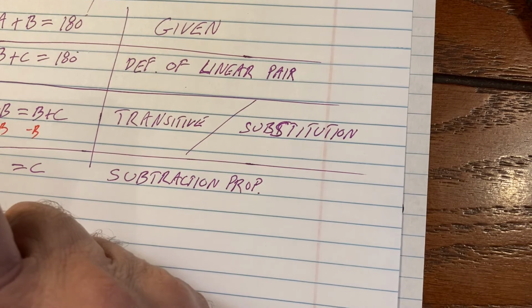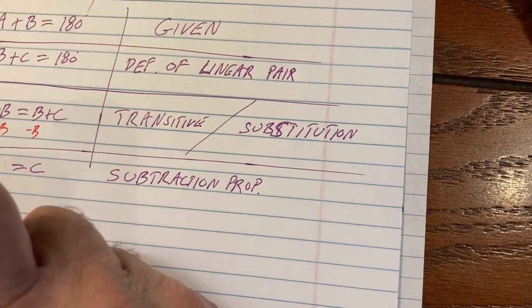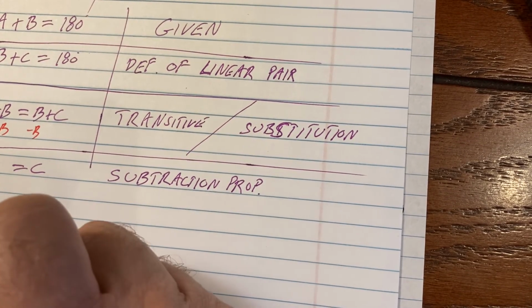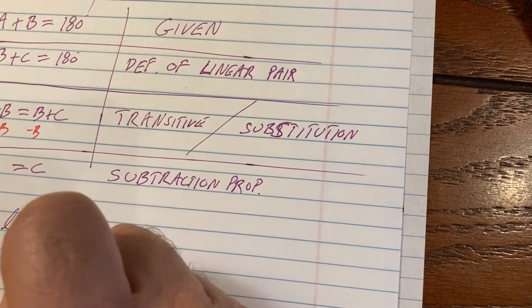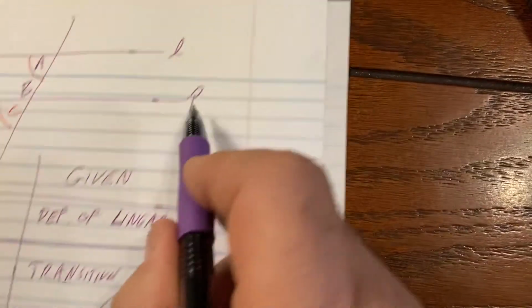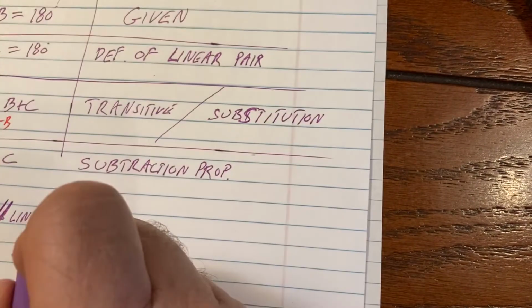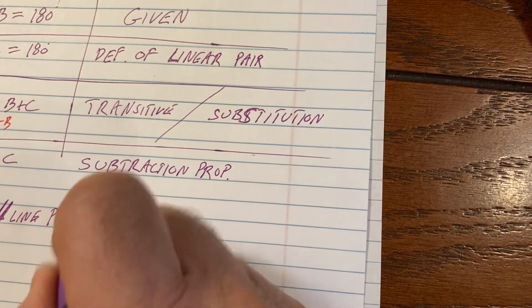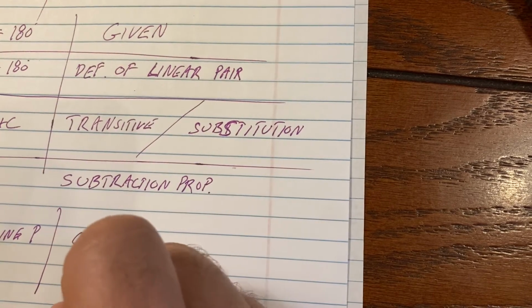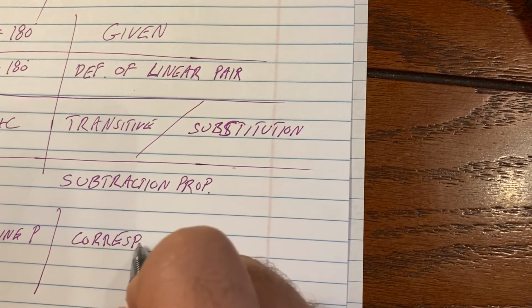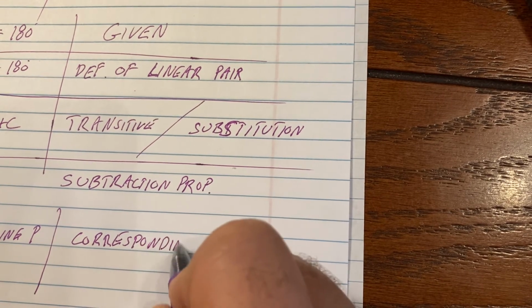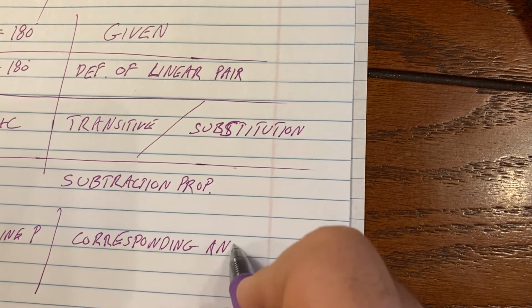So line L is parallel to line P because of corresponding angles.